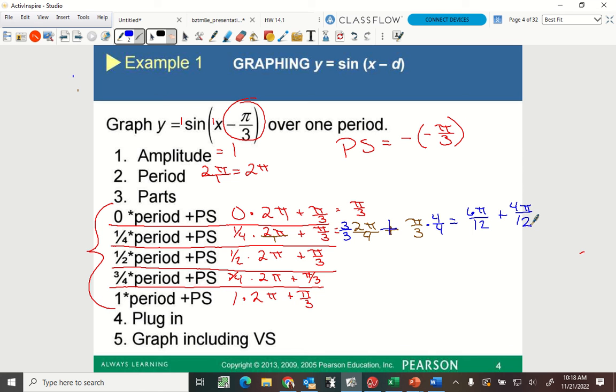If one of them did not have pi, I would not be able to add them, because it would be 2 plus 3 pi or something like that. They're not the same thing. You've got to treat pi as its own variable. Does that make sense? All right, good. So 6 and 4 gives me 10, so I have 10 pi over 12. I have to reduce my fraction. That will reduce by a factor of 2: 5 over 6. So 5 pi over 6.